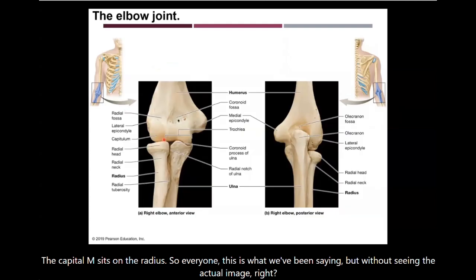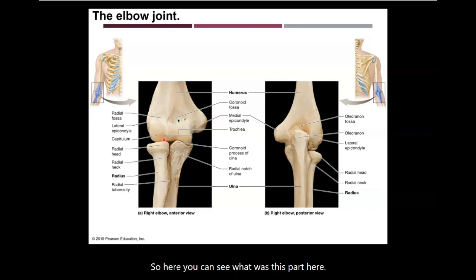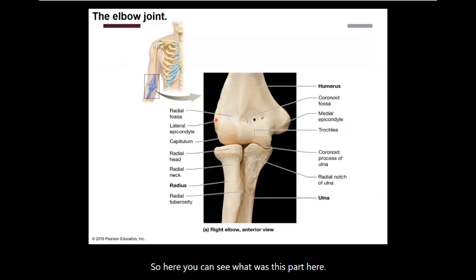So everyone, this is what we've been saying, but without seeing the actual image, right? So here you can see, what was this part here? Lateral epicondyle, medial epicondyle, radial fossa, coronoid fossa, capitulum, trochlea, and then capitulum sits on the radius, right?